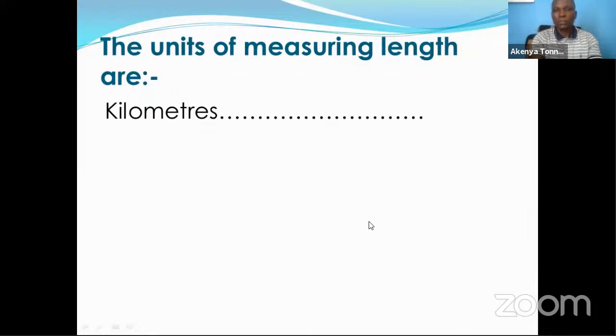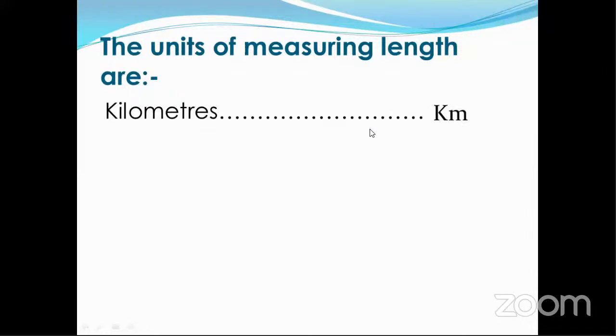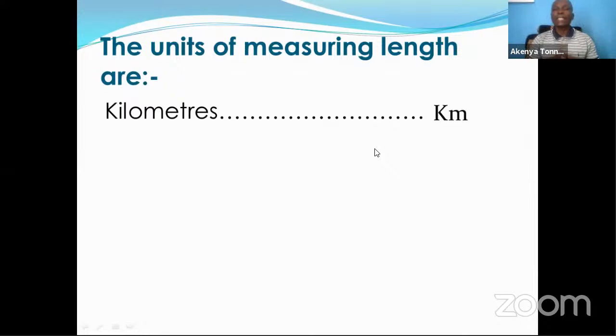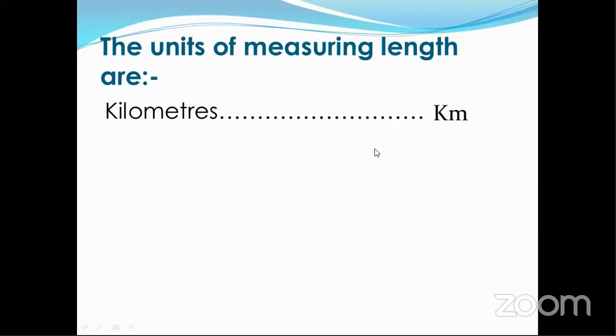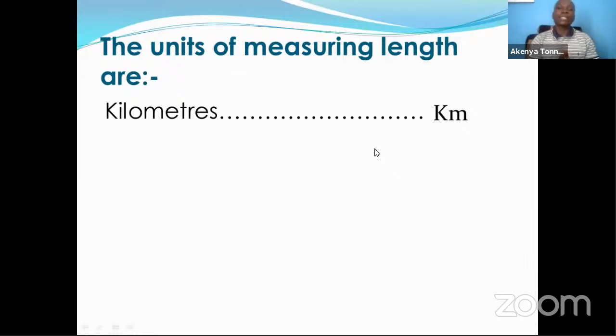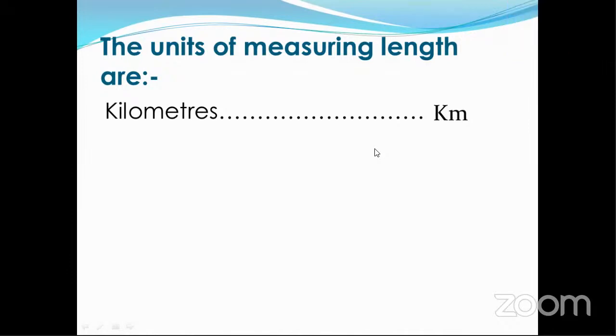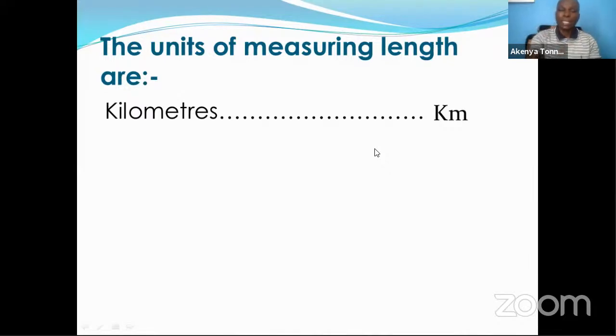Kilometers. Very good. In short form, we can write it as km. This is the standard unit that is used for measuring length. If you look at most of our roads, we use kilometers.